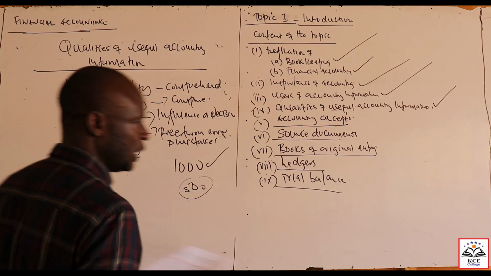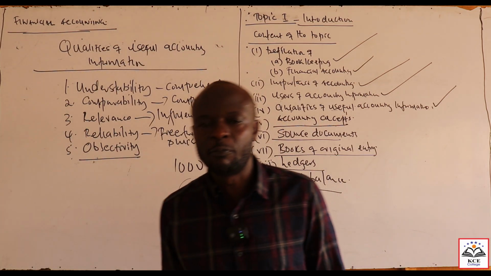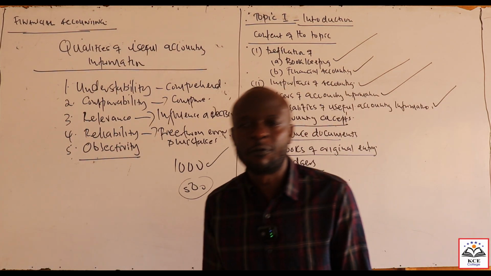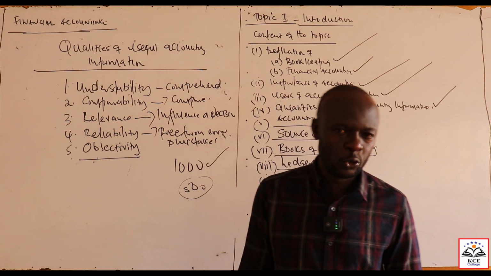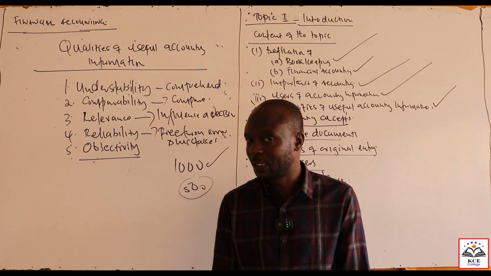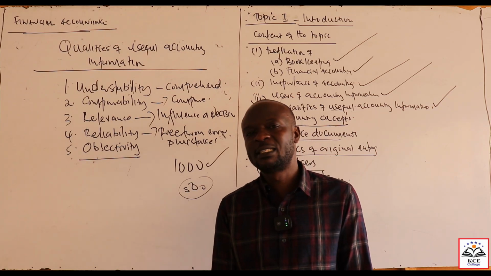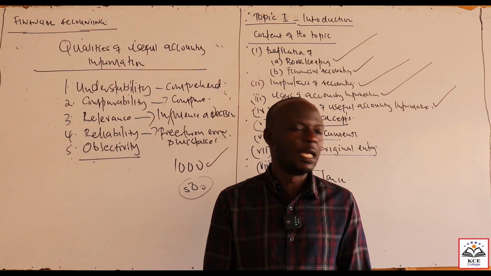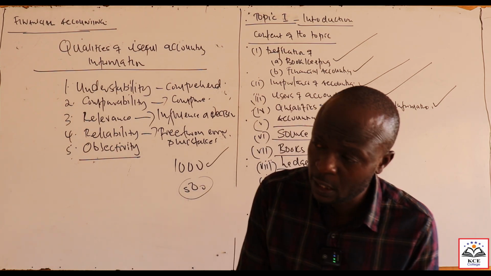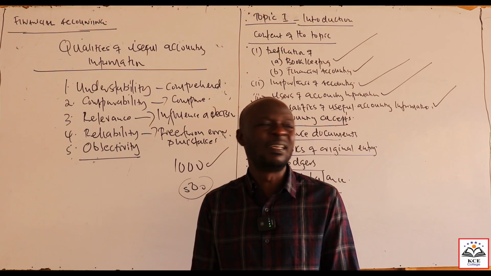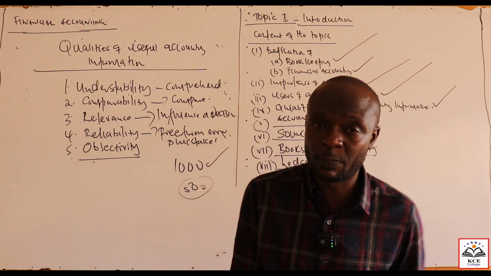Then we have objectivity. Objectivity simply means that financial accounting information should be free from personal opinion or bias. You should report it factually, the way it is. Like you can say this company is so big and it has generated a loss in a particular year. Instead of reporting that loss, you report a profit based on the size of that organization.